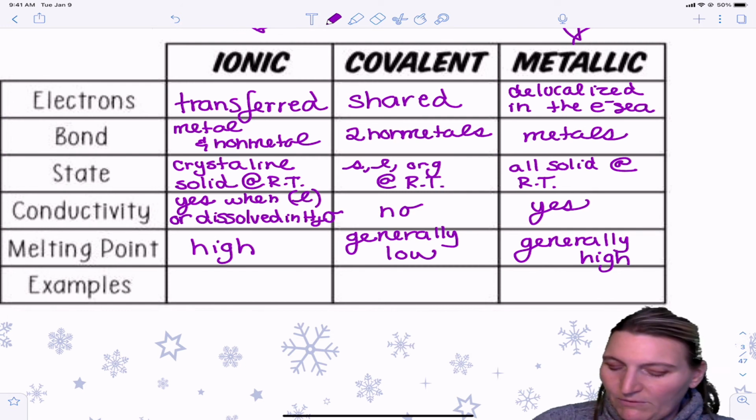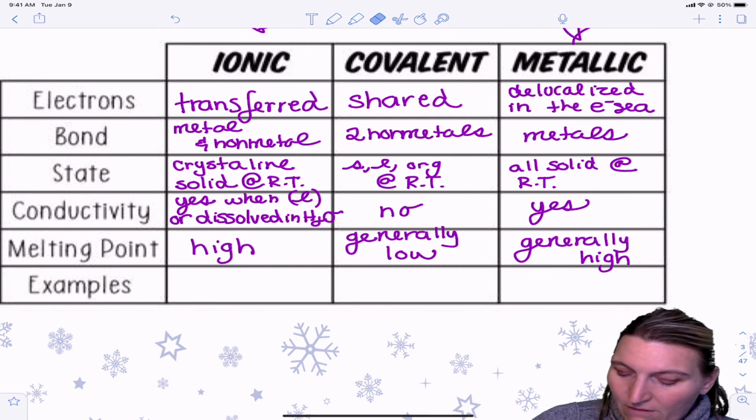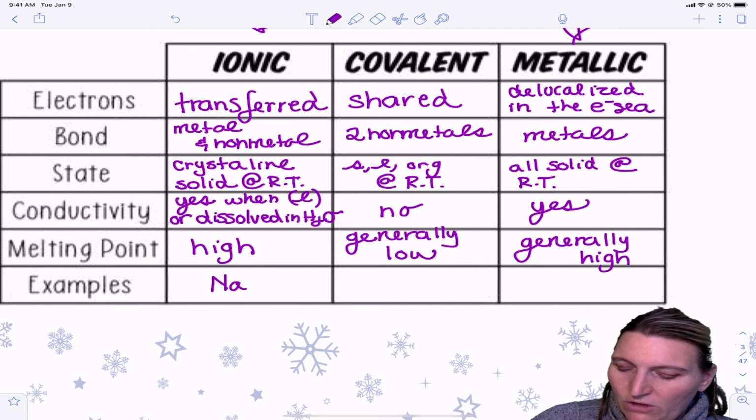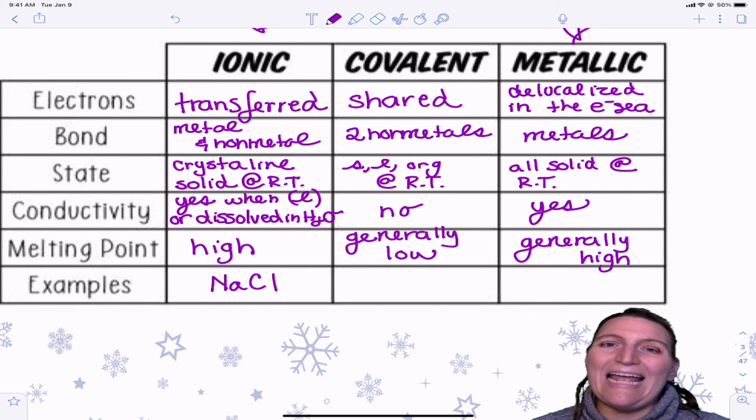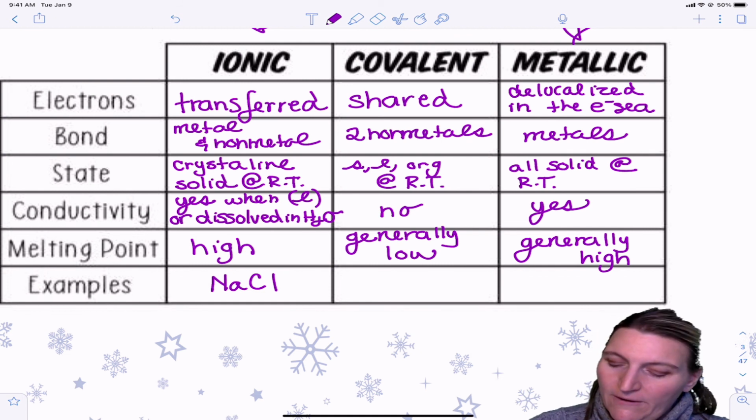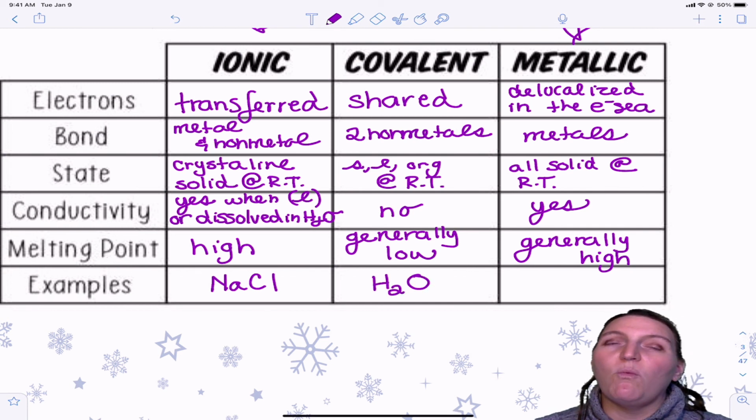So the big examples of these: when we think of ionic compounds, the biggest example that we talk about all the time is salt, NaCl, or sodium chloride, because you've seen that, you've experienced that. So that's the one that we use often when we think about ionic compounds. Similarly, with covalent compounds, we use the most common, water.